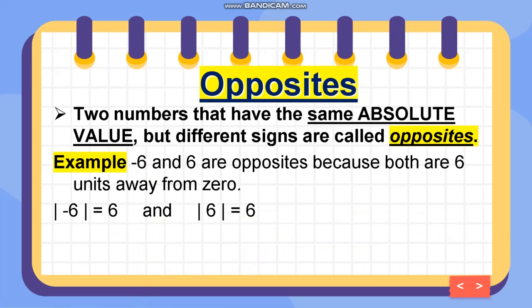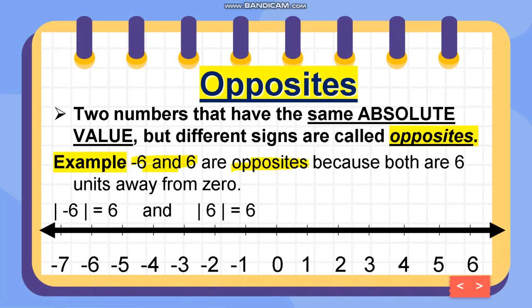Let's talk about the opposites. Two numbers that have the same absolute value but different signs are called opposites. For example, we have negative 6 and we have positive 6. These are what we call the opposites because both are 6 units away from 0.